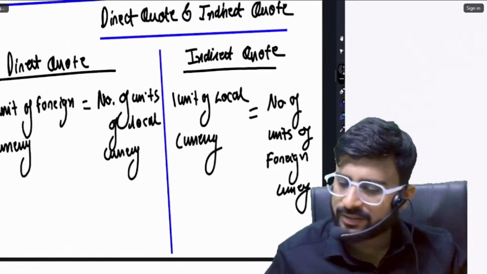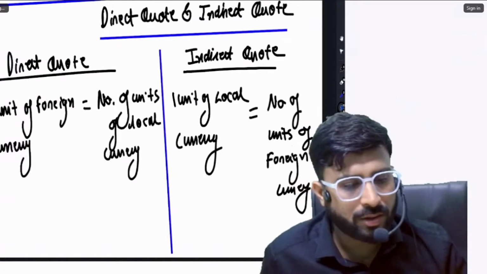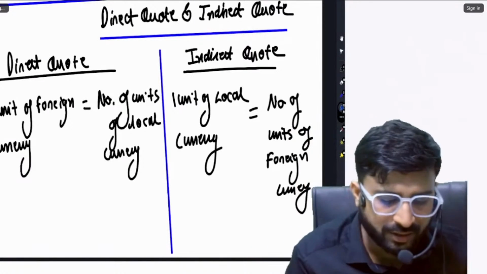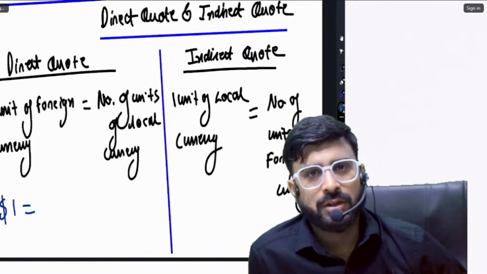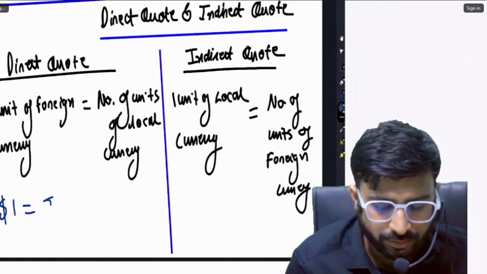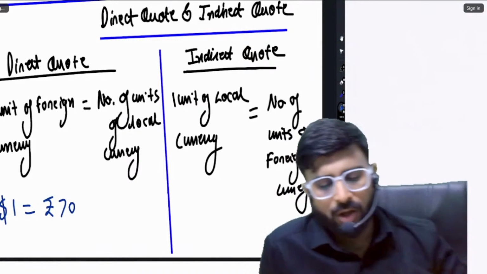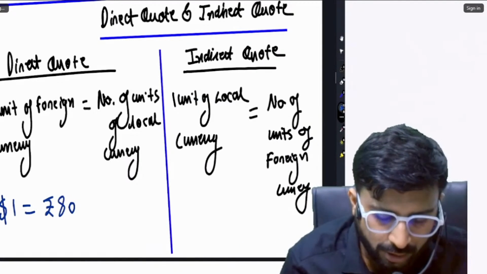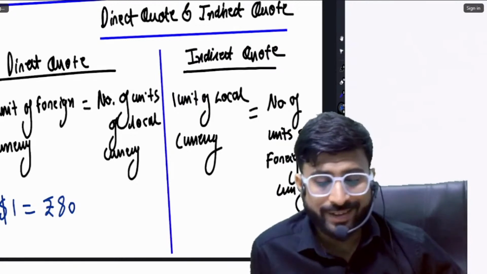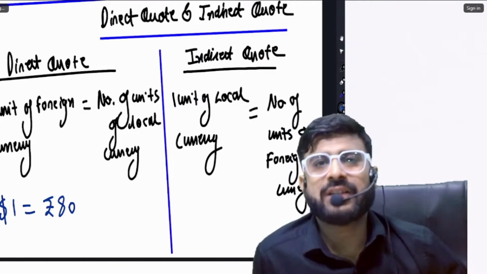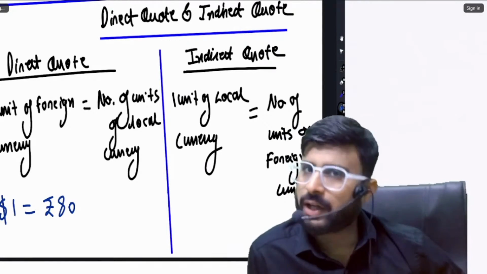Sir, we did not understand. Sir, we did not understand anything. Let me make it easier for you, in simpler language. You have $1 equals 80 rupees. That's a direct quote.